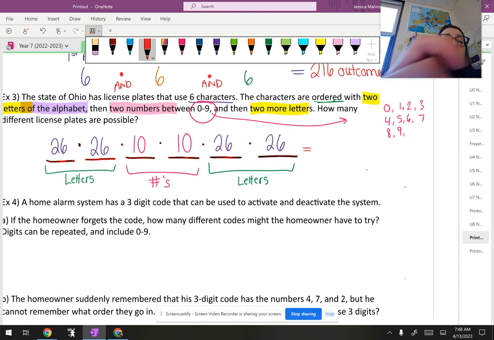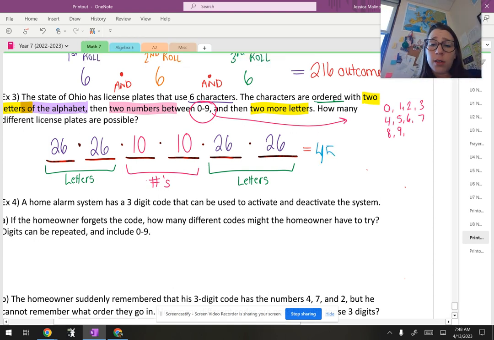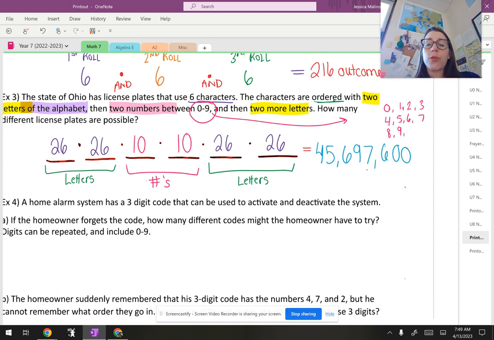And we have a total of 45,697,600. Woof! Possible license plates.